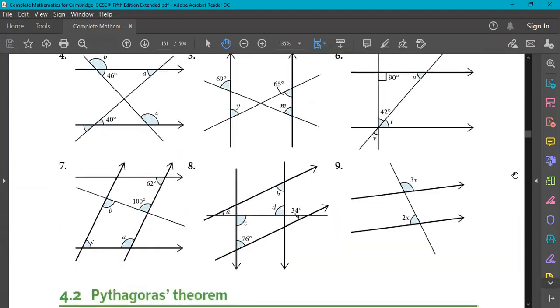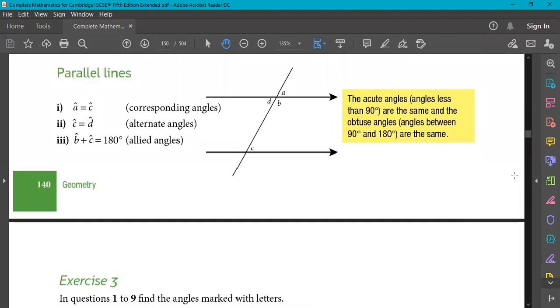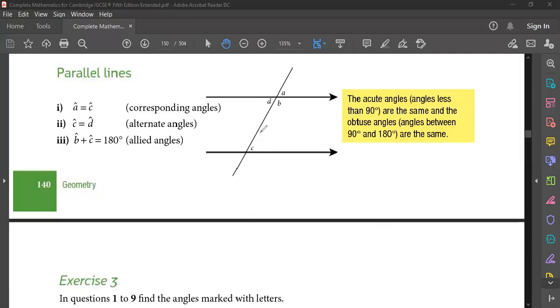Parallel lines: as you can see, if we have two parallel lines, does anyone not know the properties of parallel lines? Parallel lines, if you draw them, basically don't touch.